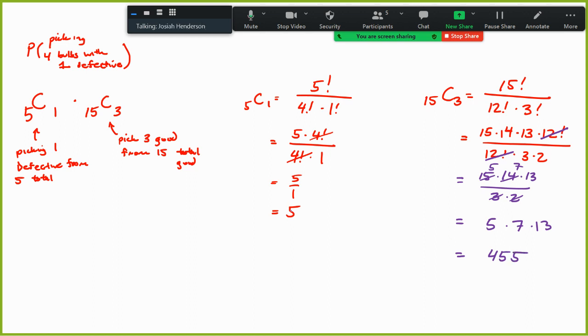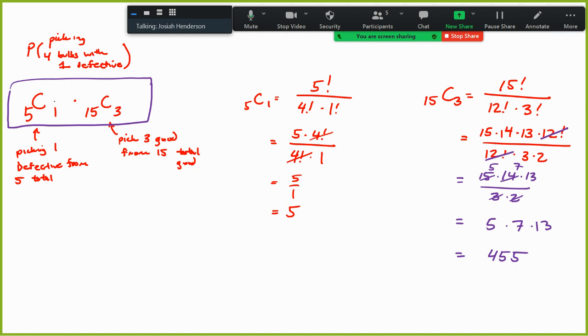So the 5 that we got in the middle is how many ways there are to pick 1 from 5 defectives. And on the right in purple, that's how many ways there are to pick 3 from 15 goods. Remember, we have to multiply those together because this is analogous to making sandwiches. It's like how many ways there are to arrange picking 1 defective and 3 good ones.